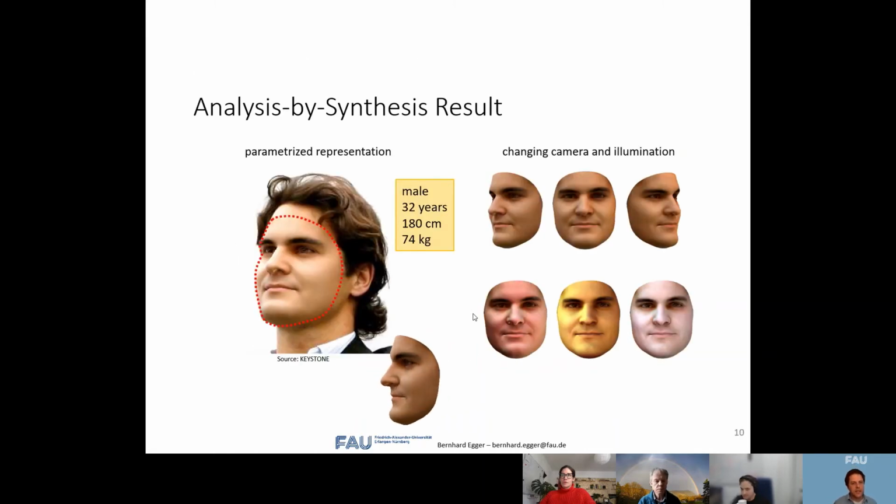So the result of this analysis by synthesis is that we feed in this input image and we get out a parameterized representation of the face. And we can re-render that face under new poses, under different illumination conditions. And if you use this coupled component analysis model, we also get the attributes from this image analysis.